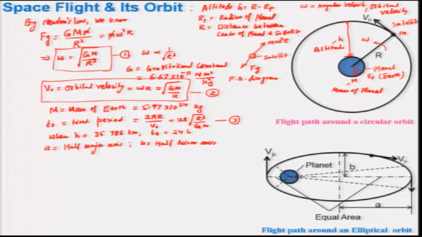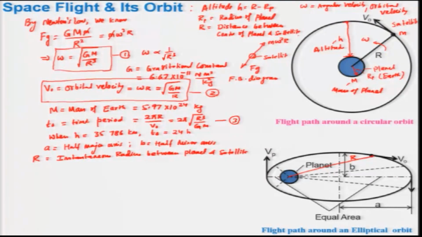And this distance between the center of this planet and the satellite is basically the radius r, the instantaneous radius between planet and satellite, and this radius will be changing in its magnitude and also direction.